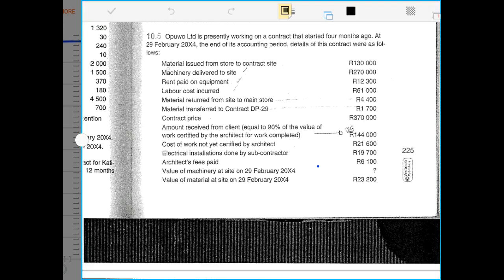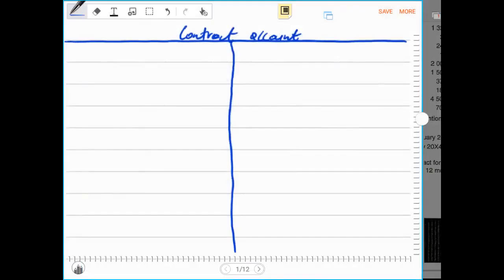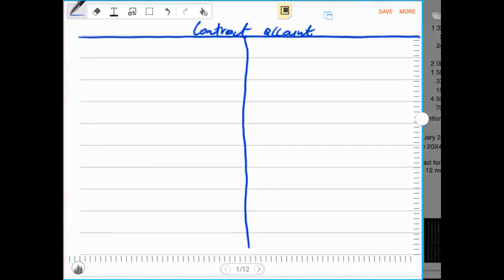Then now it says material issued from the storage to the contract site amounted to 130,000 rands. So now it was material issued to the contract site. So now that will be debiting material control. All the expenses that have to do with the contract are recorded on the debit side.